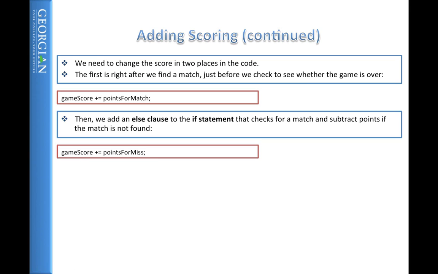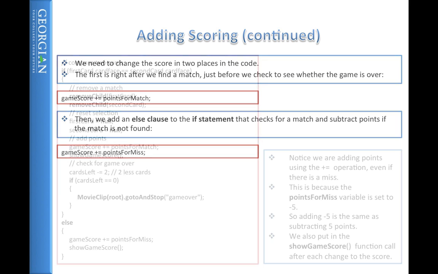I could have put a minus equals instead, but then I would have to have a positive value for miss, and I don't want that. It's actually done correctly. My points for miss is -5, and I want to plus equals a minus, which means I'm going to reduce it by 5.